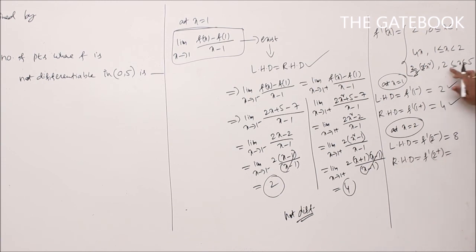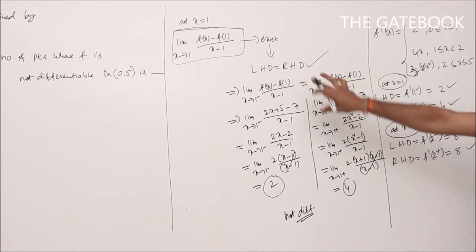When x is greater than 2, the corresponding function is 2x square. Replacing x with 2, 4 into 2 is 8. So at x is equal to 2, we got LHD 8, RHD also 8. Both are equal, therefore the function is differentiable at x is equal to 2. But the function is not differentiable at x is equal to 1.